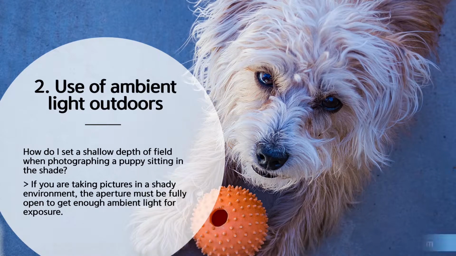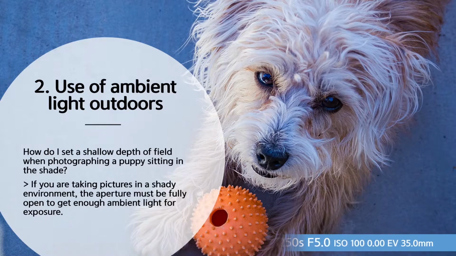Two, use of ambient light outdoors. How do I set a shallow depth of field when photographing a puppy sitting in the shade? If you are taking pictures in a shady environment, the aperture must be fully open to get enough ambient light for exposure.